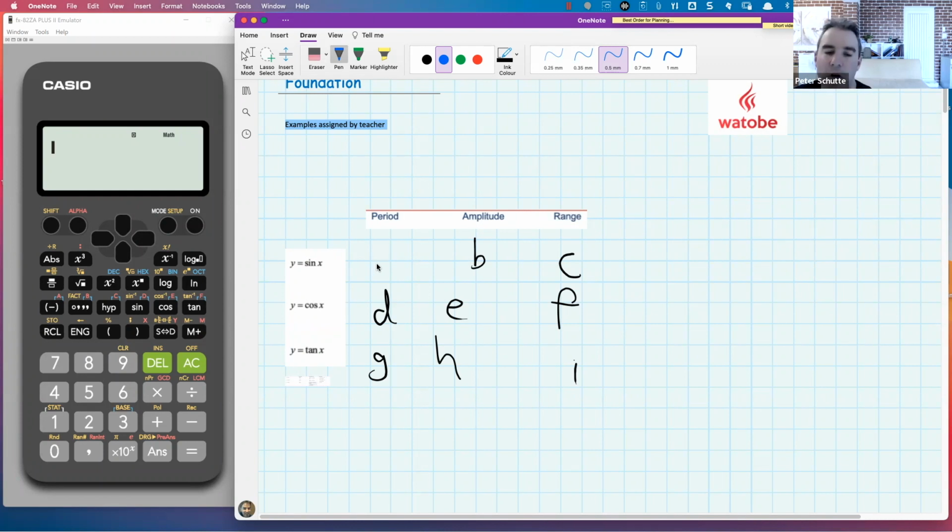These are like the building blocks. Without these, the calculator magic will do you no favors. Once you have a bit of this stuff with you, then the calculator can make life a bit easier. So that's what I'm looking for. 360 for the sine graph.